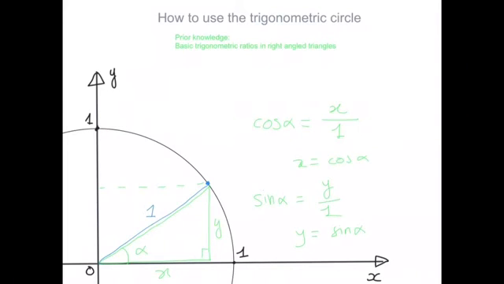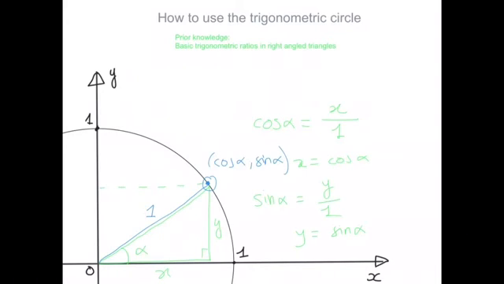Now we need to see that this y is the y coordinate of this point, and this x is the x coordinate of that point. So the point we've chosen has coordinates cosine alpha and sine alpha, where alpha is the angle between the x-axis and the radius joining the origin to our point on the trigonometric circle.